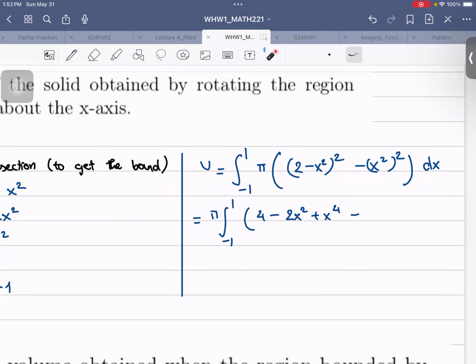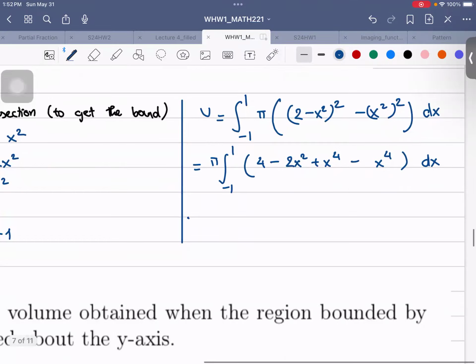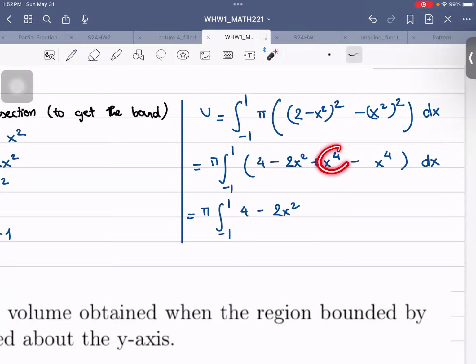Subtract x squared squared, which is x to the power of 4 as well, dx. And then you have the integral from negative 1 to 1 of 4 minus 2x squared, because x to the power of 4 cancels out with x to the power of 4, dx.